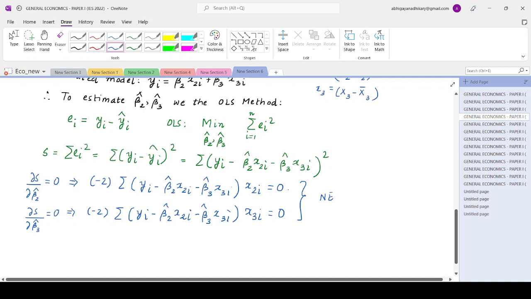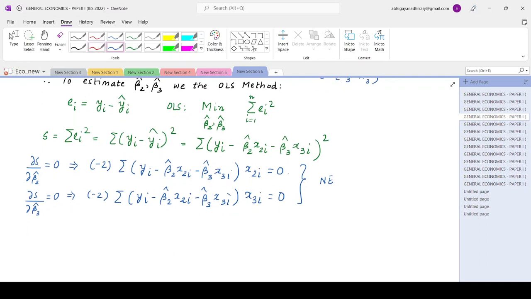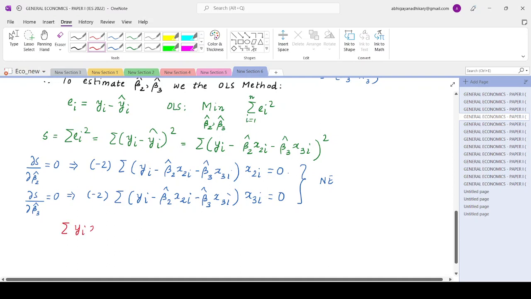From these two normal equations, there are two equations and two unknowns, so we can easily solve. Now I'll just rearrange these two normal equations so that it's easier for us to solve. We can write this in this format: summation yi x2i, and this is my equation 1, equals beta 2 hat summation x2i whole square plus beta 3 hat summation x2i x3i.